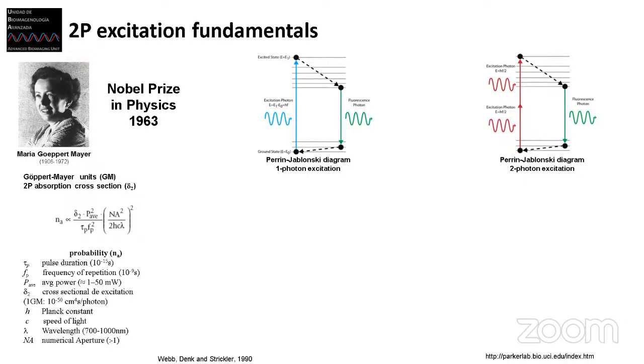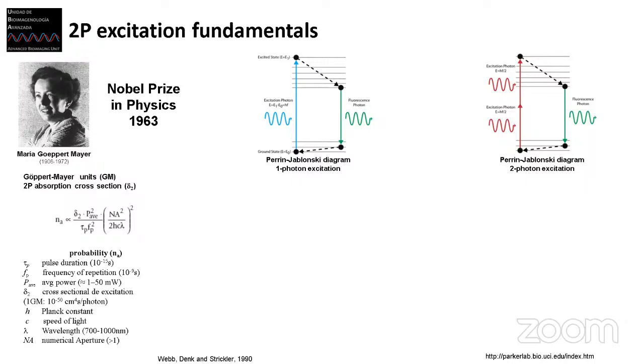And the formula tells us that basically, if you want to have 2-photon excitation, you depend on the square of the power you are applying, and the frequency and the lifetime of the molecule. And if you have enough power, a good lifetime, and pulses that are short enough, you will be able to do two-photon excitation.